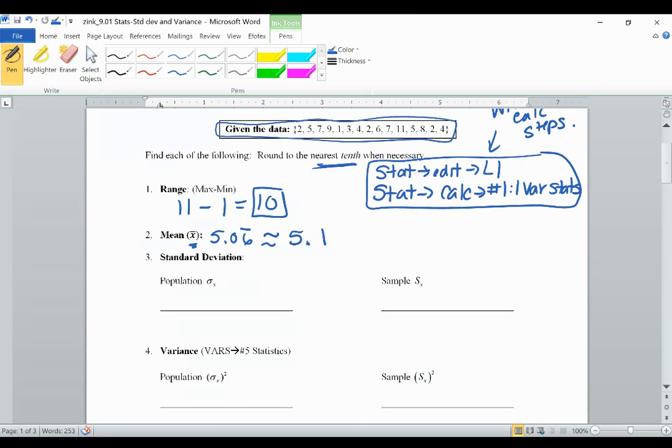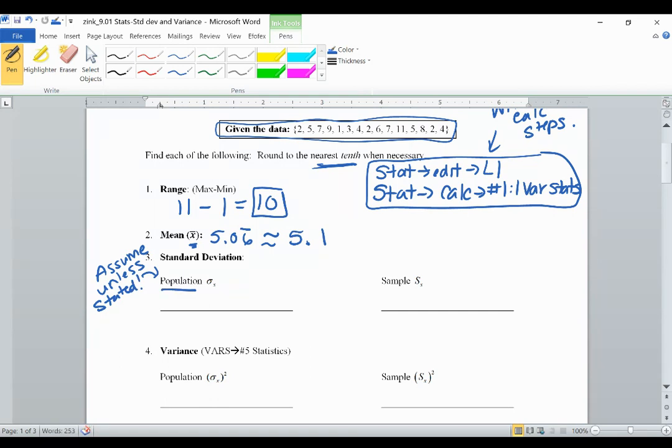is how spread out your data is. So if the standard deviation is really small, it means that your data is really close together, surrounding a certain point. If the standard deviation is big, it means your data is really spread out, not as consistent. So the population is what we're going to assume we're using unless stated otherwise, unless they tell you that you're using the sample.